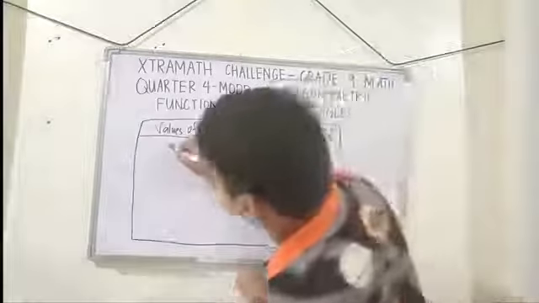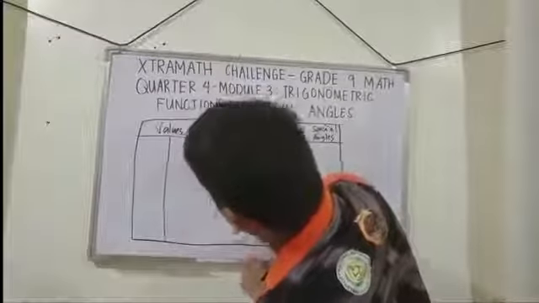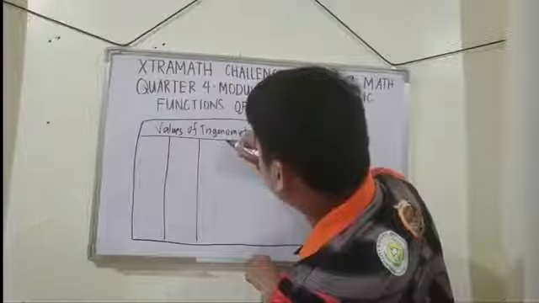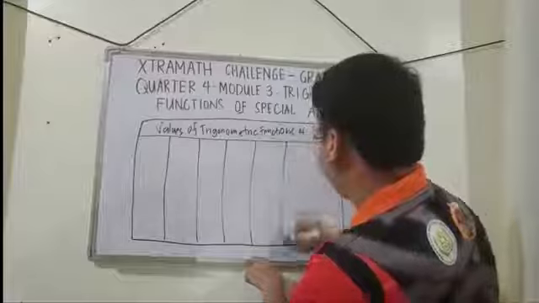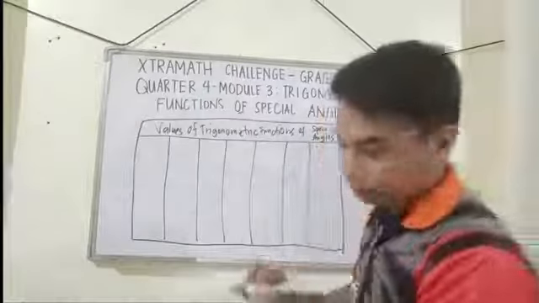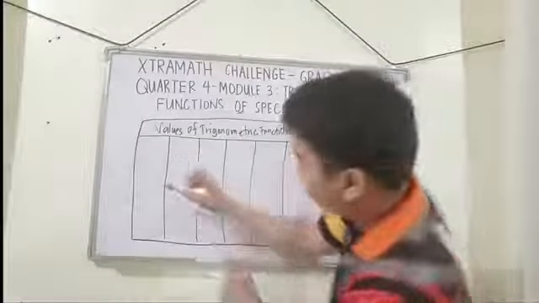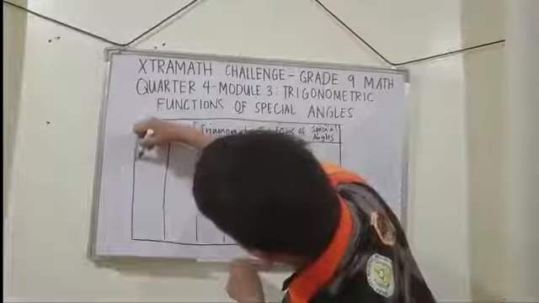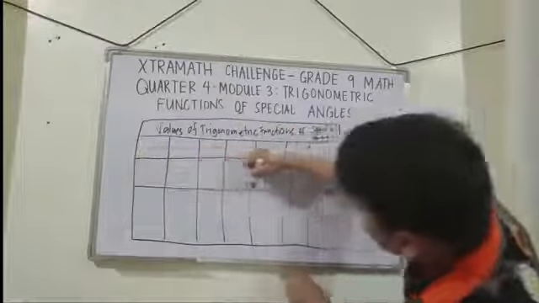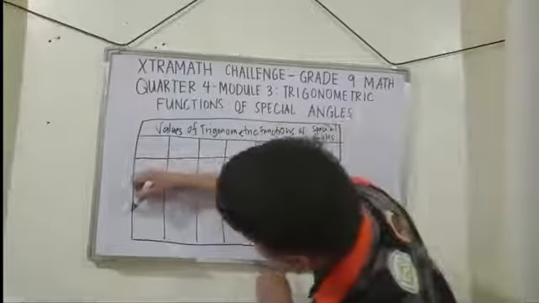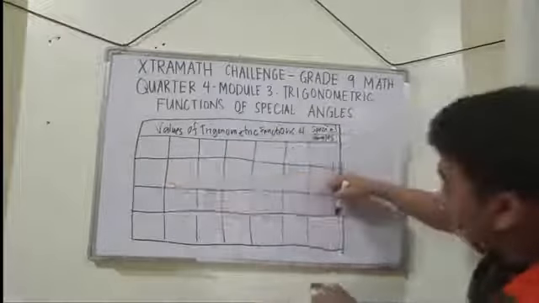And the table was divided into 7 columns.